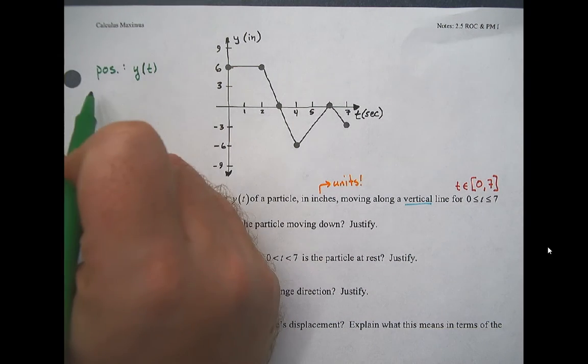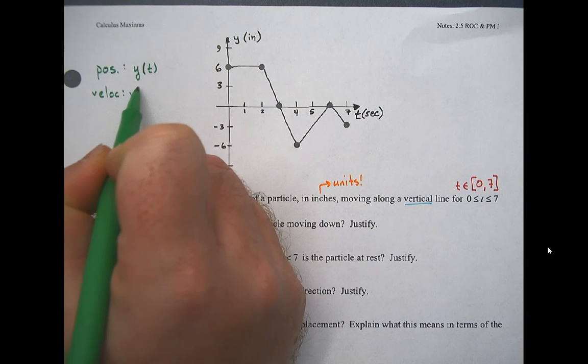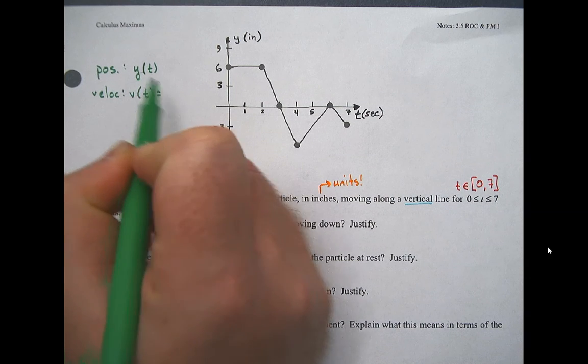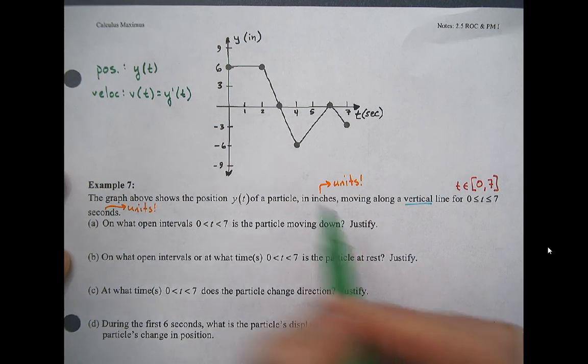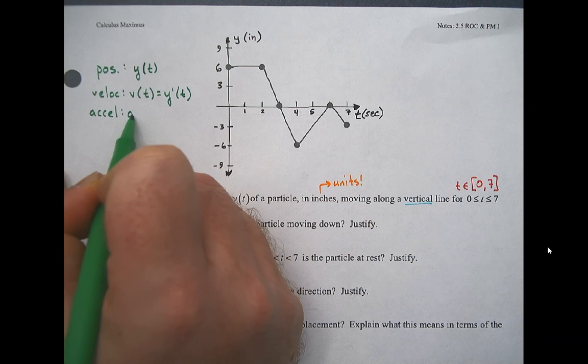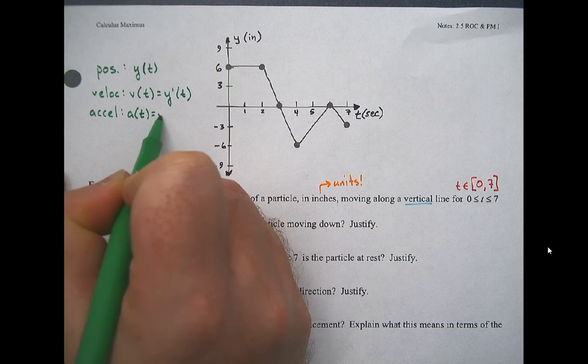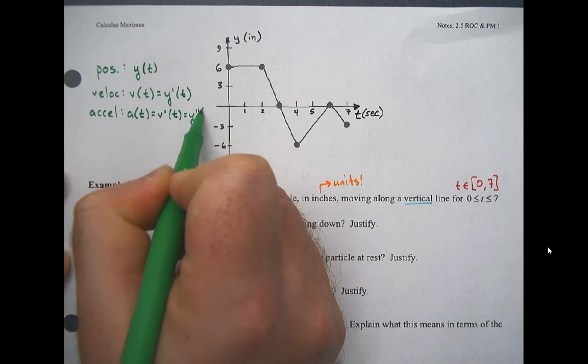Then we have velocity, which is v of t, which is going to be the derivative of position, so that would be y prime of t. And then acceleration, which is a of t, which is the derivative of velocity, which is the second derivative of position.